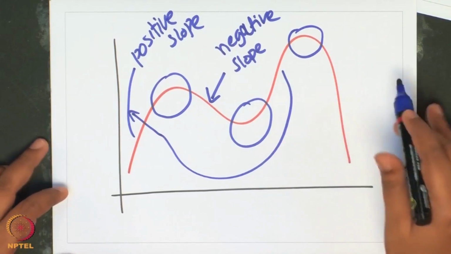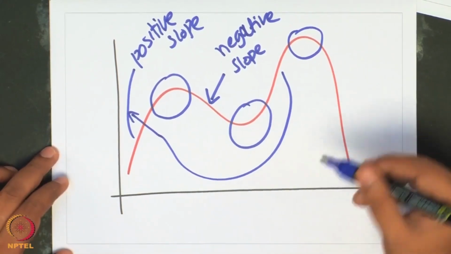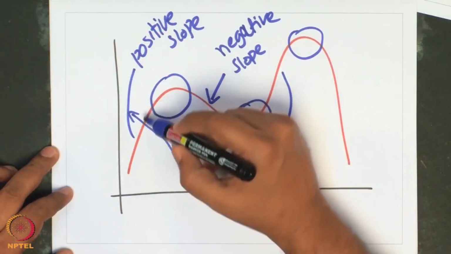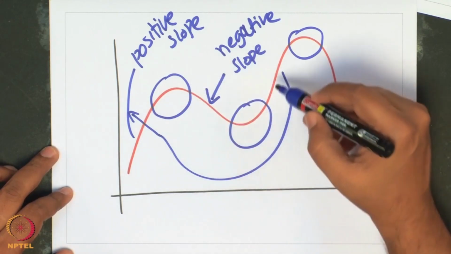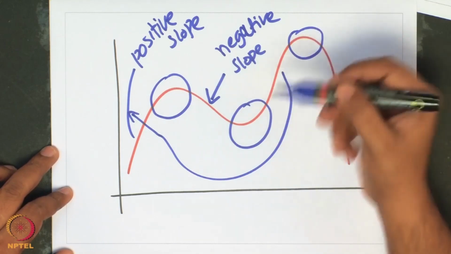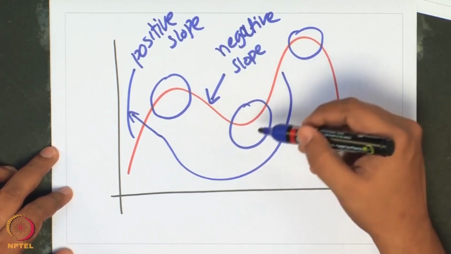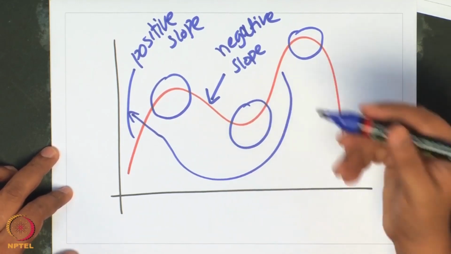So if you draw any smooth curve that you wish, typically it will have some positive slope regions, some negative slope regions, some maxima, one or two or many, some minimum or minima, it could be one, two, many depending on the curve you draw.